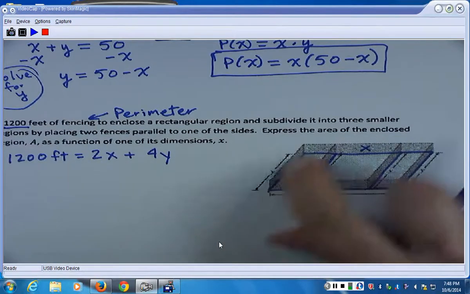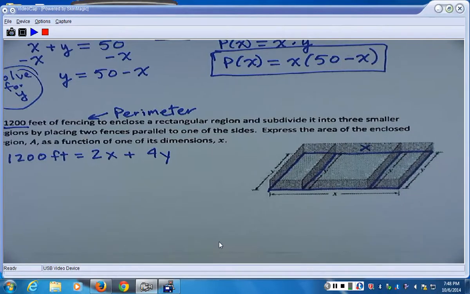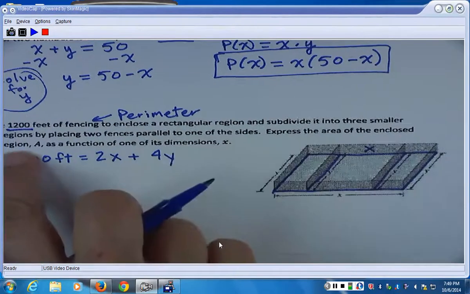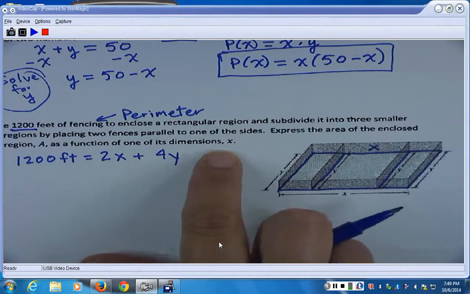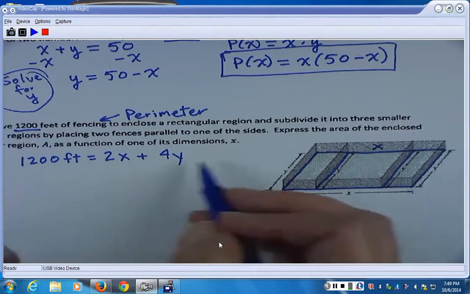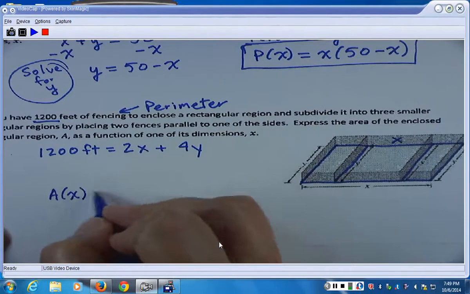You got 4 y's and 2 x's. Okay. Then it says express the area of the enclosed rectangular region A as a function of one of its dimensions, x. So here's one equation. Now we're going to have A as a function of x.